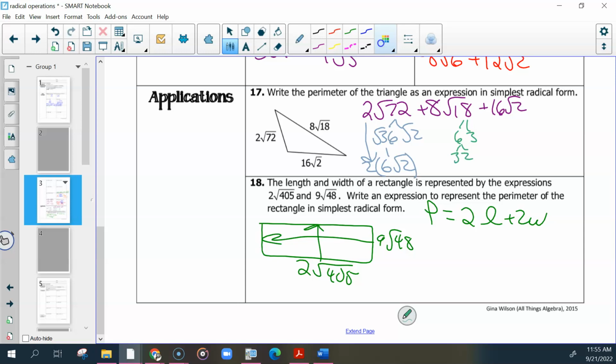Which will give us 3 and 2. We have a pair of 3s that would come out. So this would be plus 8 times 3 times the square root of 2. And then we would bring down our 16 root 2. Then we would multiply and simplify. Do that and tell me what you get.